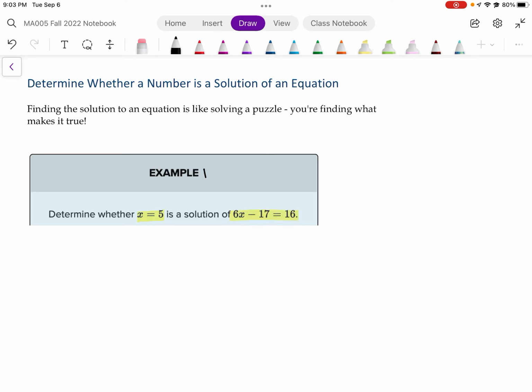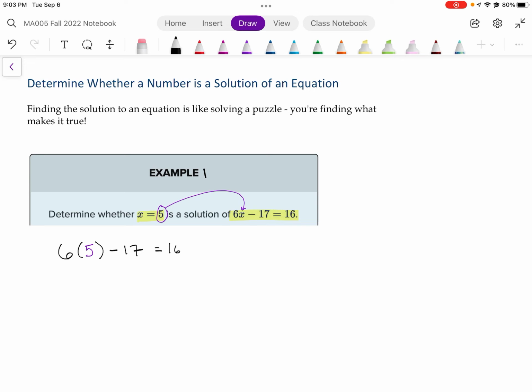Okay, so what we're going to do is take this 5 right here and plug it in every time we see an x. So we've got 6 times the 5. The 5 goes right there, that's where the x was, minus 17 equals 16.